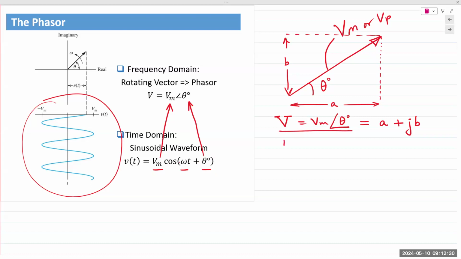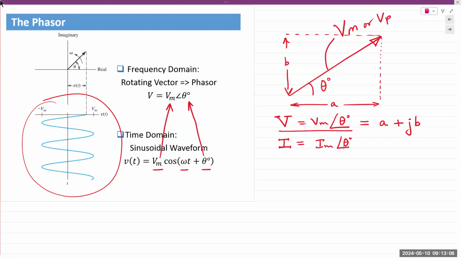We can represent current also in the same way, with magnitude of the current and the phase angle of that current. So the phasor for voltage would have magnitude Vm, phase angle theta, and the same thing with current. So voltages and currents are represented using phasors, and then we will look at impedances. Okay.